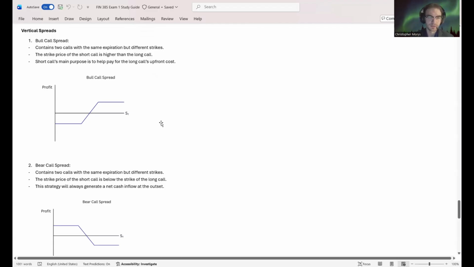So these two positions are merely the inverse of each other. In this case, you think the stock price will rise, and in this case, you think the stock price will decrease. However, in this case you cap your losses and your profit, and in this case, you cap your profit and your losses through financial engineering.